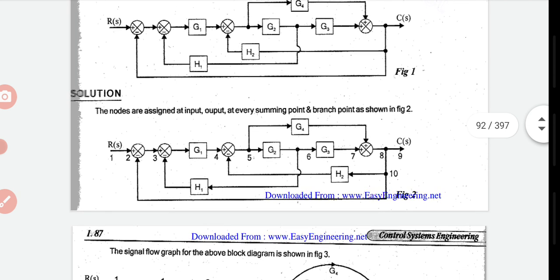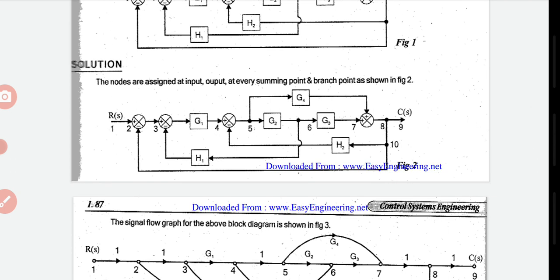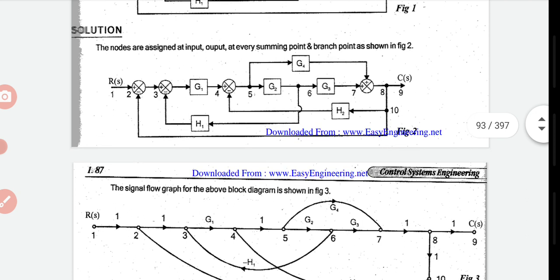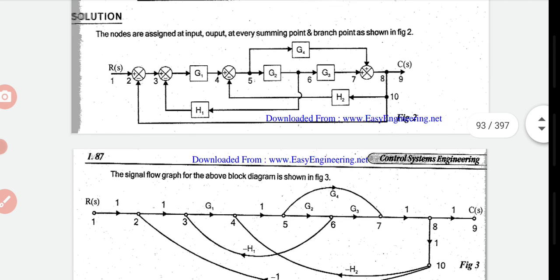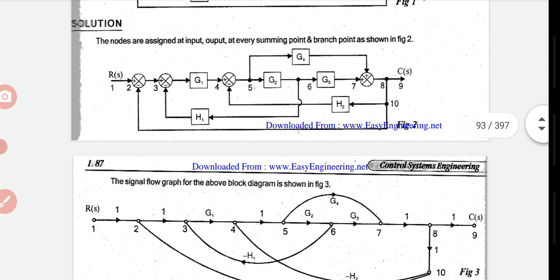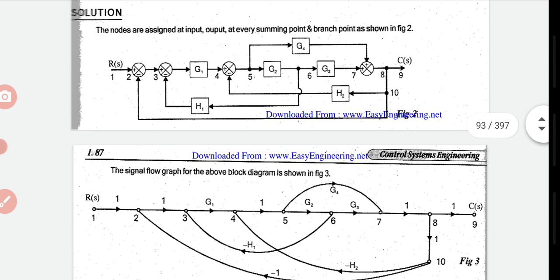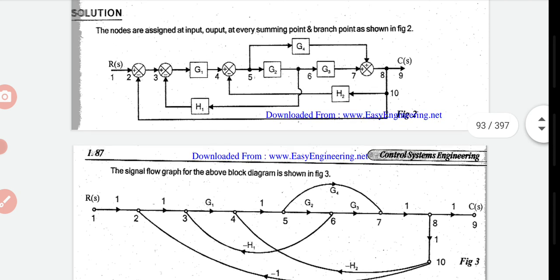After finding all the nodes for the given block diagram, now we have to draw the signal flow graph. How are we drawing it? First you have to represent all the nodes with small circles, and after that mention the gain values. Between 1 and 2 you have no gain value, so represent it as 1.